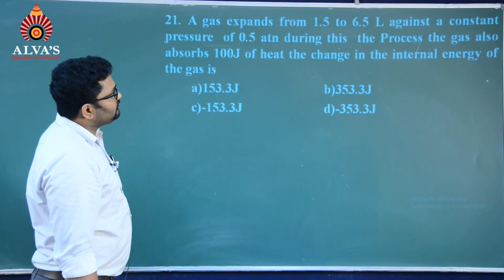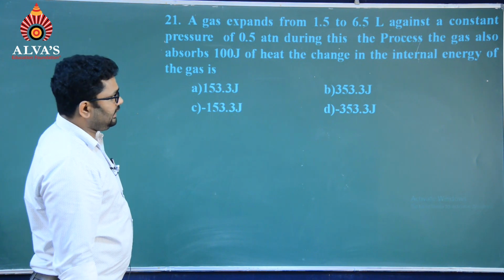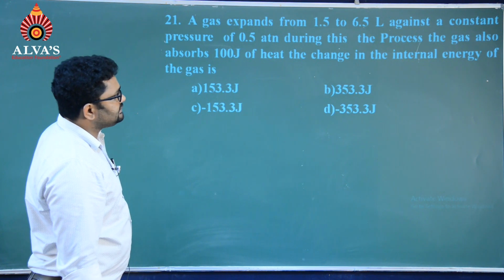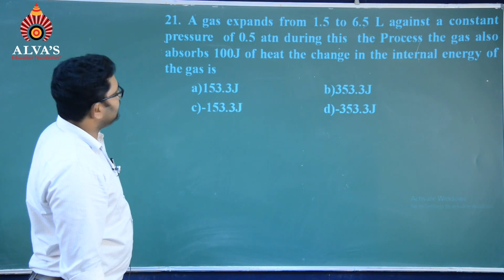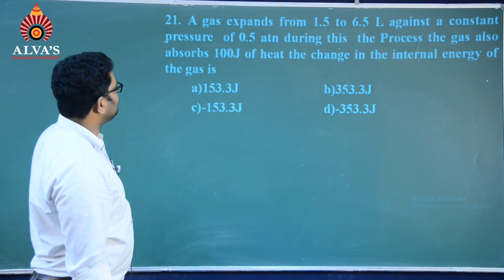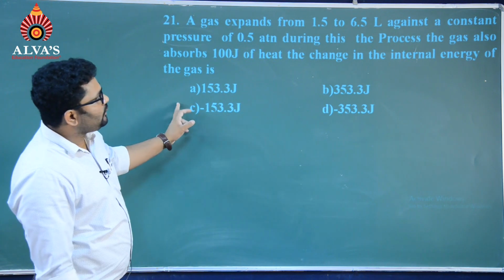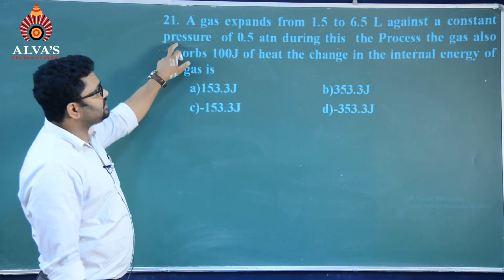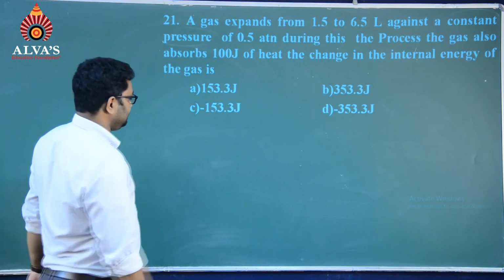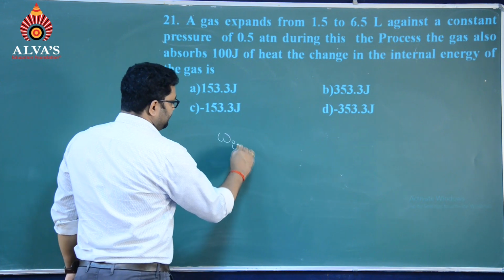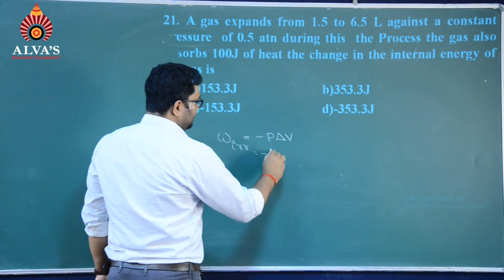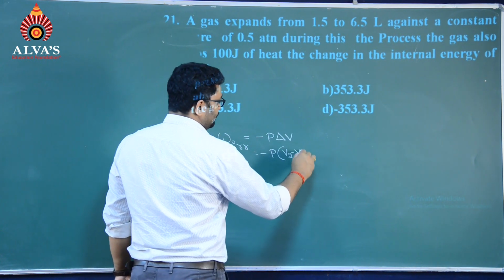A gas expands from 1.5 to 6.5 liter against a constant pressure of 0.5 atm. During this process, the gas also absorbs 100 joules of heat. The change in the internal energy of the gas is. Expansion against constant pressure means it should be irreversible expansion. Work done for irreversible expansion is minus P delta V, that is minus P into V2 minus V1.